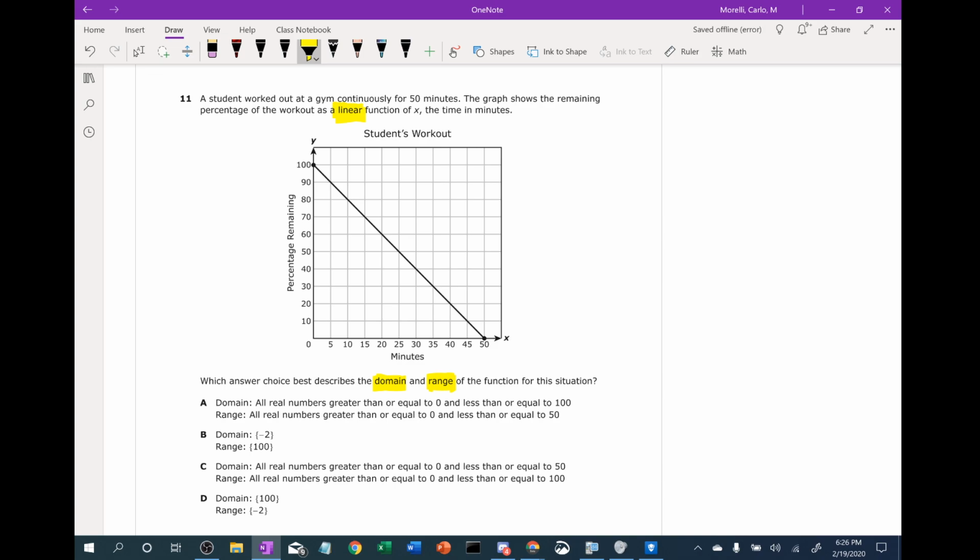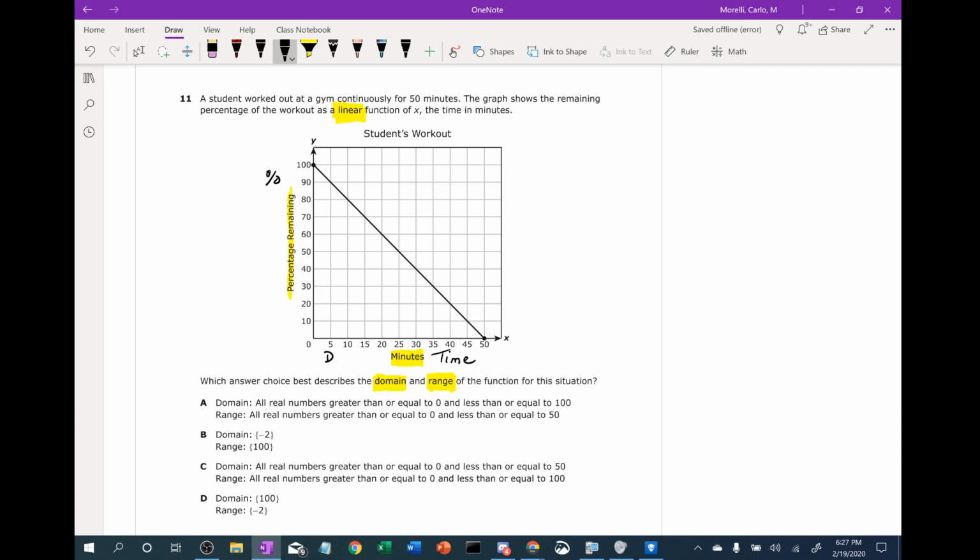Okay, so let's see. The vertical axis is the percentage of workout remaining, and the horizontal axis is minutes. So minutes is time. Okay, and this is a percentage.